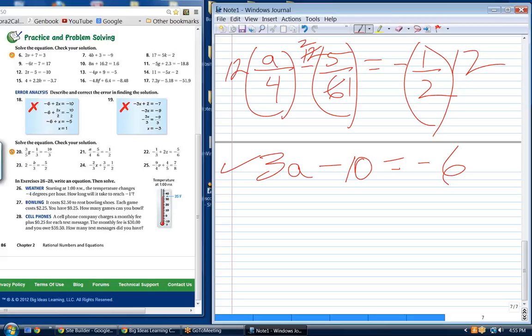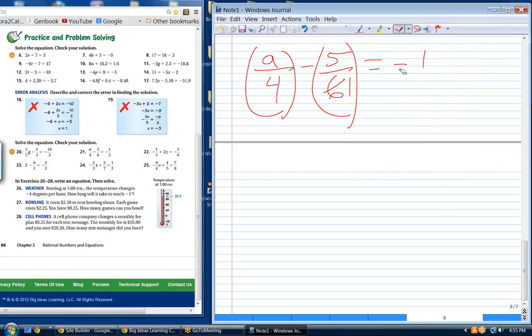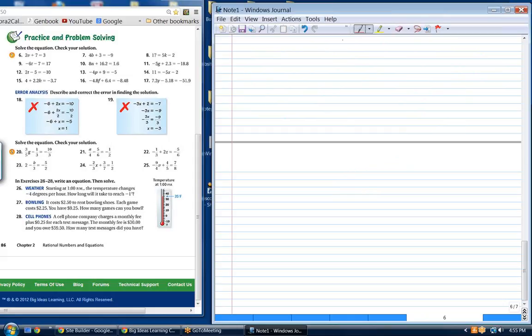Easy enough. But remember this technique. It can come in handy sometimes in a more complicated problem, where if you have nothing but denominators in every term, try to find a common denominator that you can multiply by to get rid of all the denominators in one step.